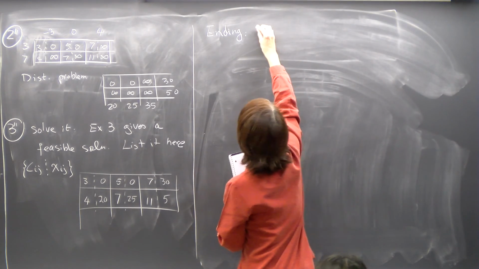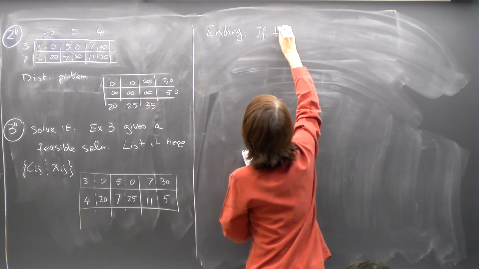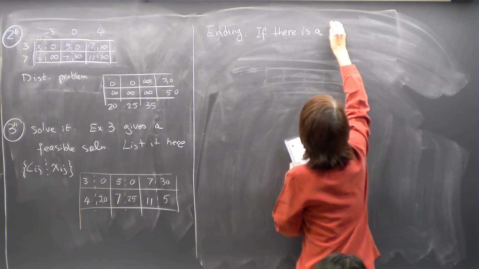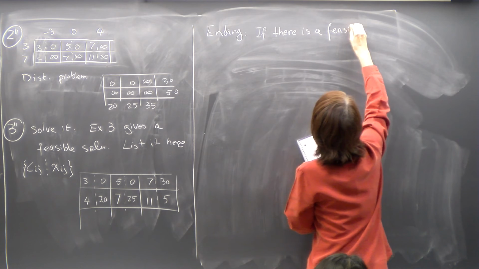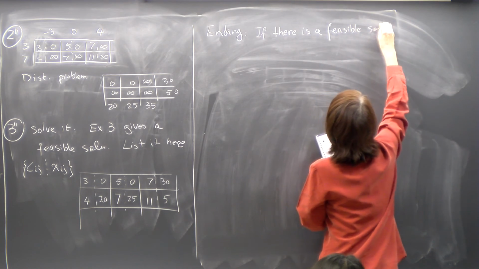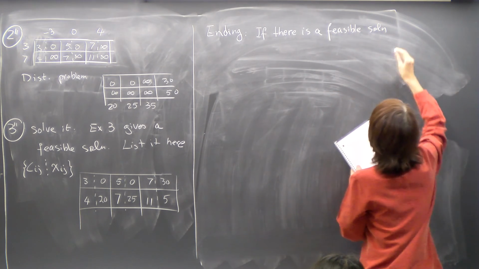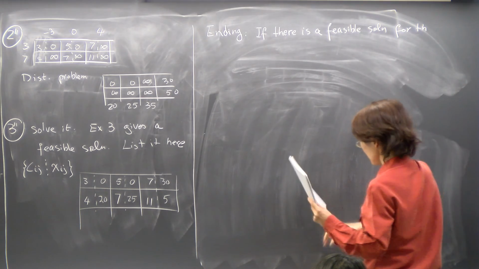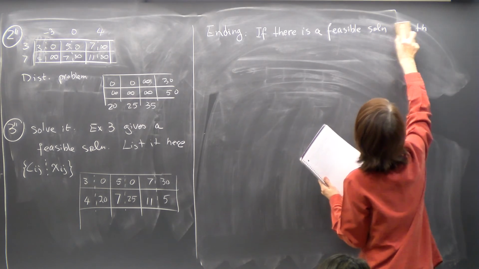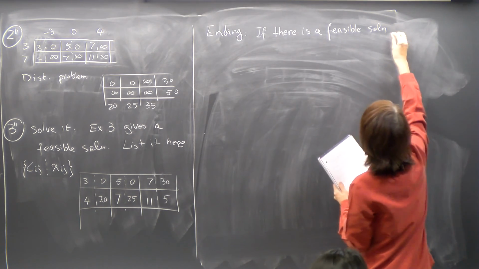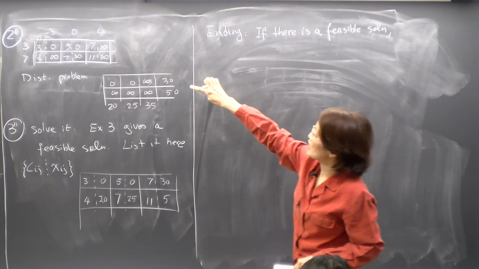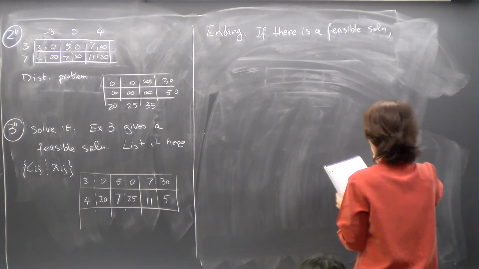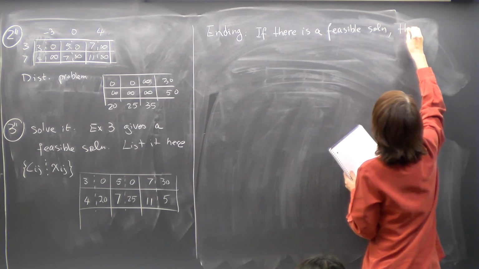Okay, so let me write down. If there is a feasible solution for this distribution problem, it's very clear what we're doing. We're forming a distribution problem and trying to solve it. If you find a feasible solution, it might not be unique.